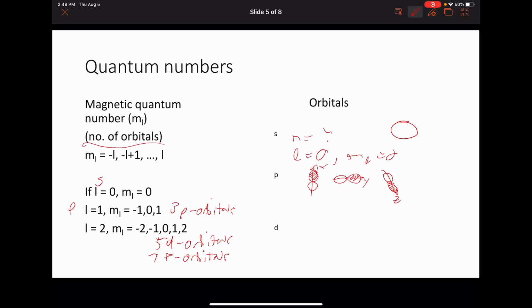And then the d, we have 5 of these. I'm not going to draw all of them, but you basically have 4 of them that are these clover leaf in various directions, in the xy plane, the yz plane, the xz plane, and so forth.